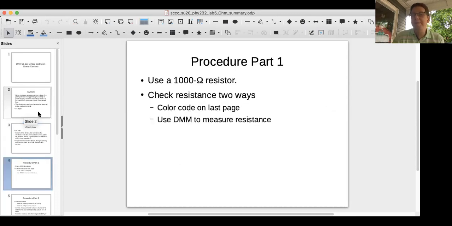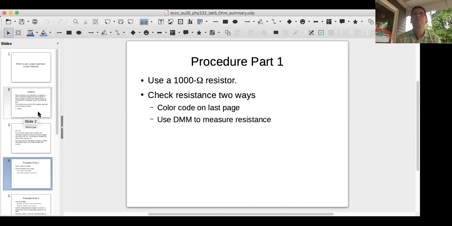For the first part of the procedure, and each part of the procedure has its own video clip associated with it, we're going to take a resistor with a nominal value of 1,000 ohms. We're going to look at the color code, because resistors have a universal color code. The first two bars represent two digits of value.